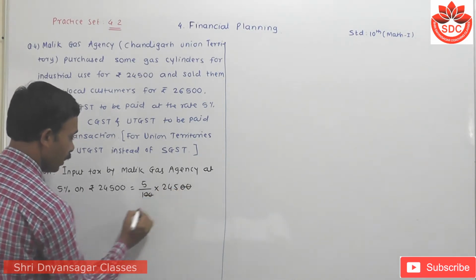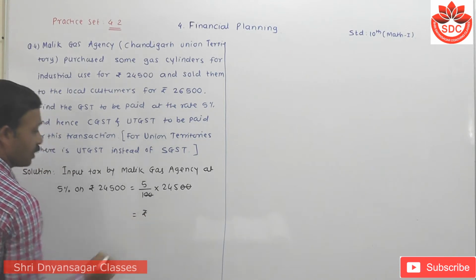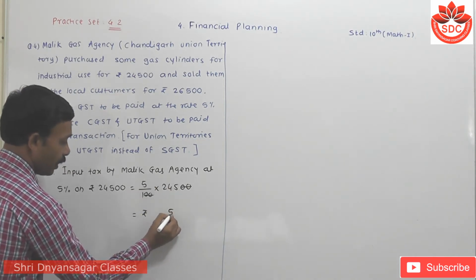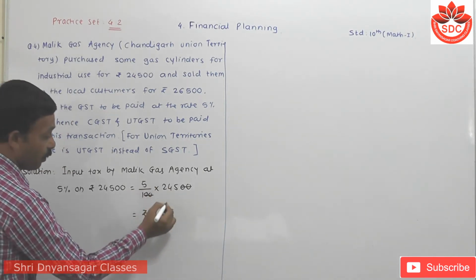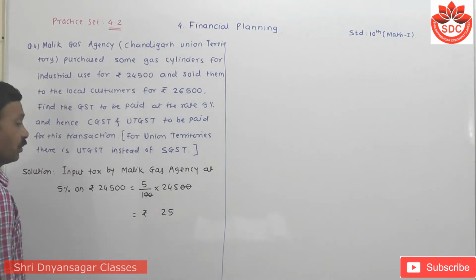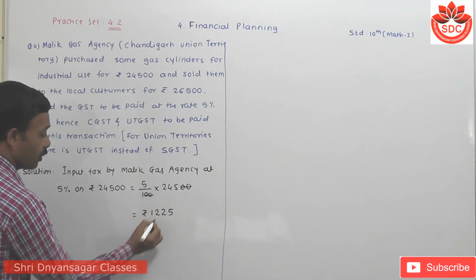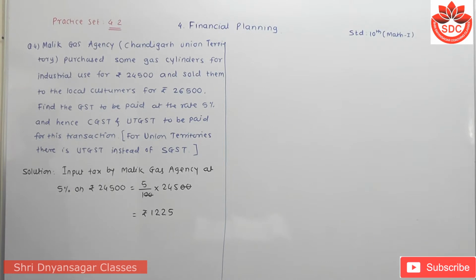The zeros get cancelled, so 5 5s are 25 carry 2, 5 4s are 20 plus 2 is 22 carry 2, 5 2s are 10 plus 2 becomes 12. That means 1,225 is the input tax, that is the ITC.